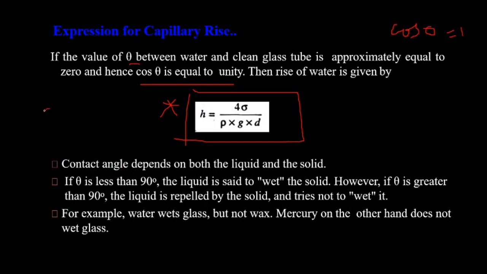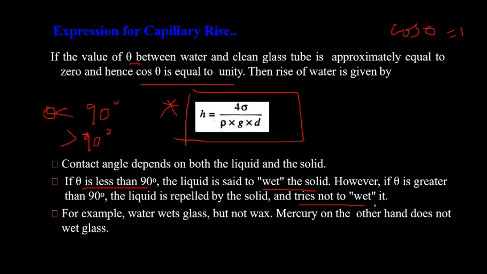This contact angle theta depends upon the liquid and the solid. If theta is less than 90 degree, the liquid is said to wet the solid. If theta is more than 90 degree, it will not wet the solid.